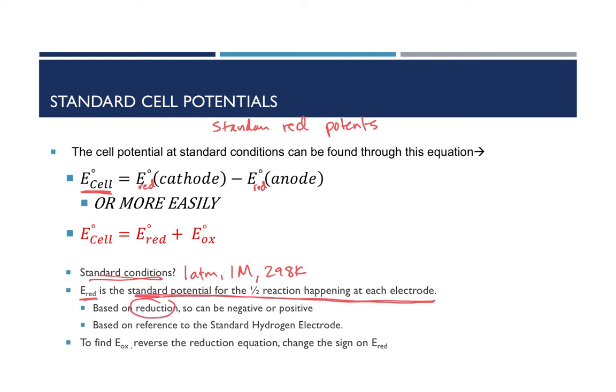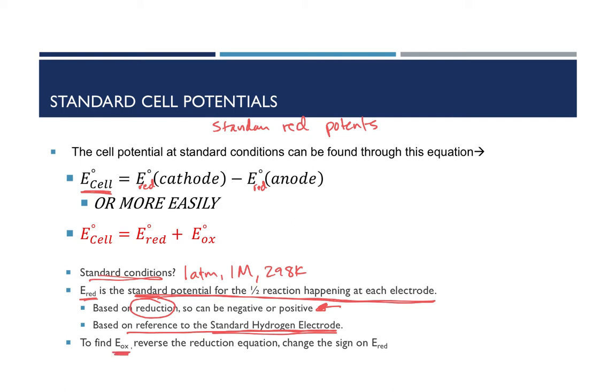It's based on reduction, so it can be either negative or positive. If it's a reaction that's mostly oxidizing, then it's going to be a negative reduction potential. If it's based on reduction, it's going to be positive. And it's based on reference to something called the standard hydrogen electrode, which we'll talk about more in a second.